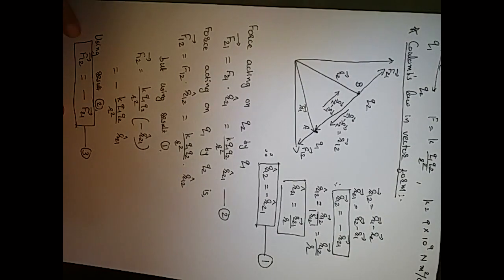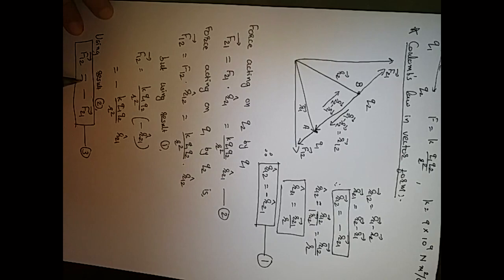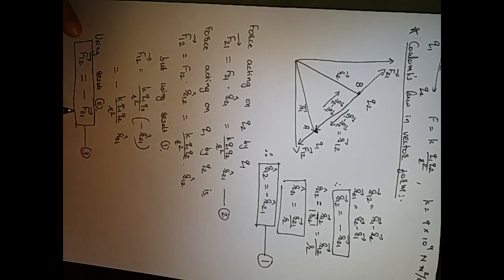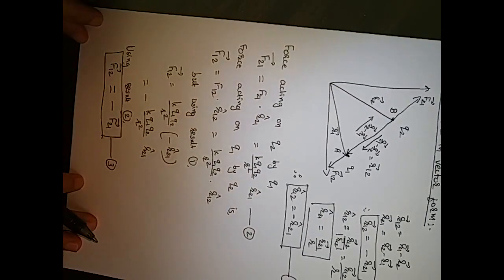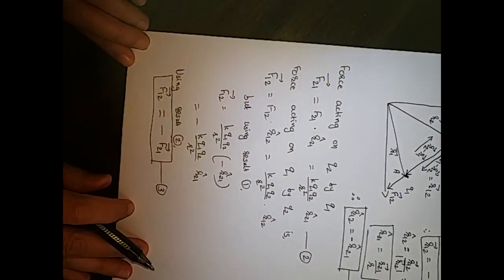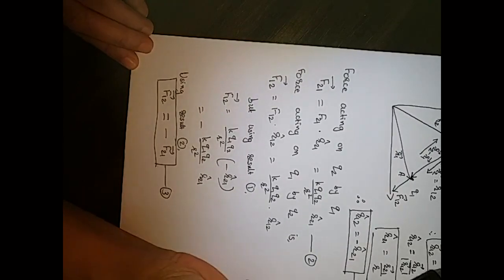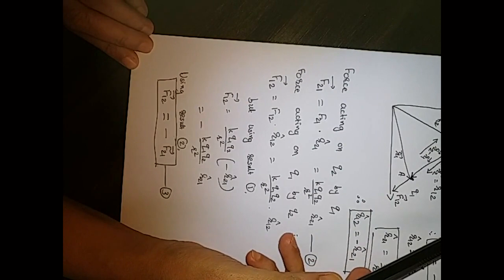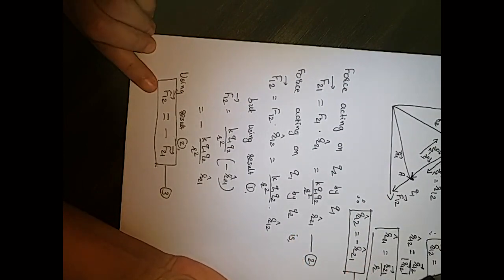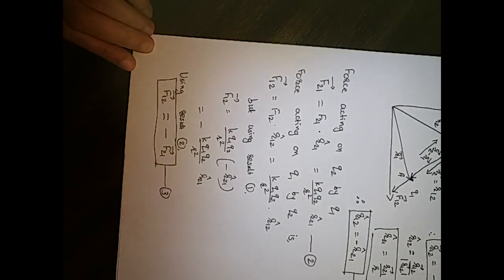That means it is following Newton's third law, action and reaction, equal magnitude, opposite direction. So this is nothing but Coulomb's law in vector form. From this they can ask you the question, explain Coulomb's law in vector form and show that vector F12 equals minus F21. Is it clear?